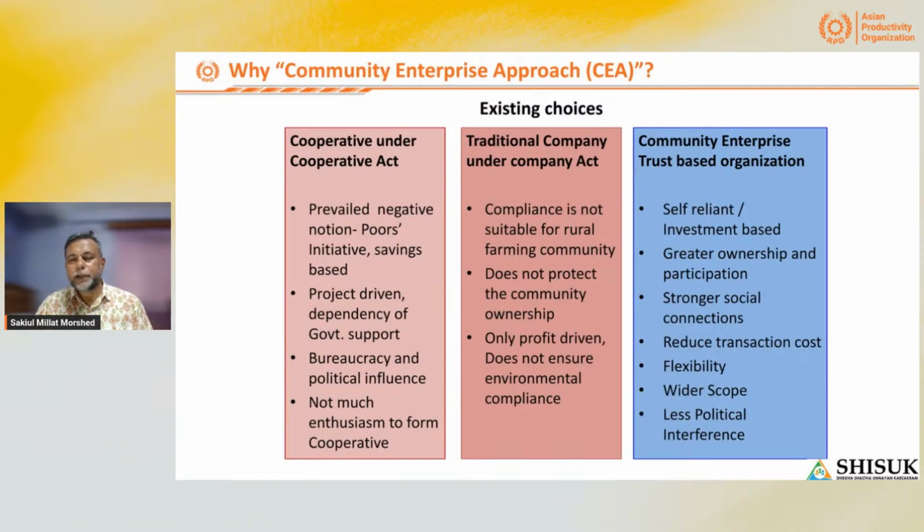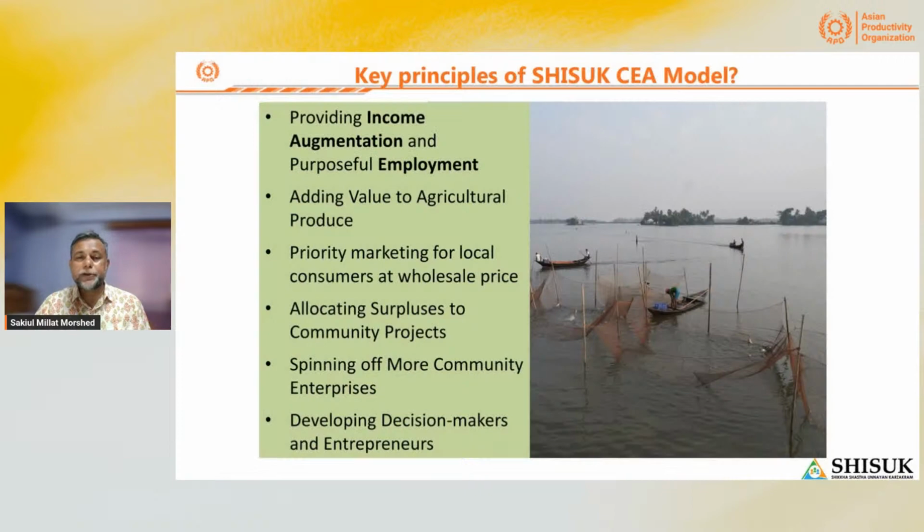And it has a lot of flexibility. You can easily take a decision by consensus of the community and immediately implement it. It also has a wider scope and less political interference. That is the reason we follow a different approach rather than cooperative and company formation.